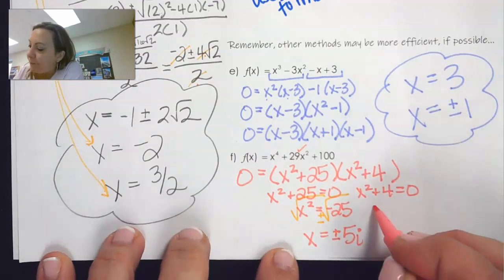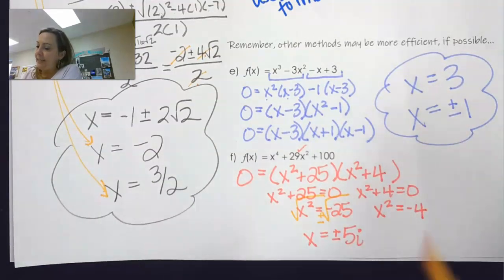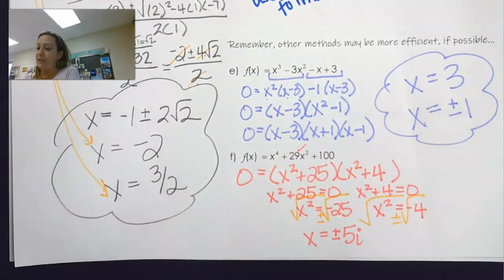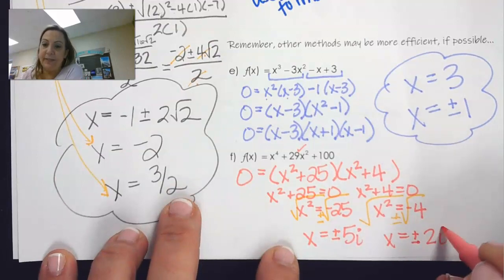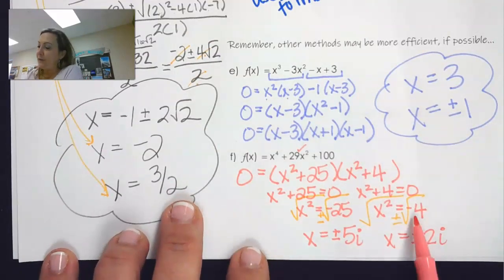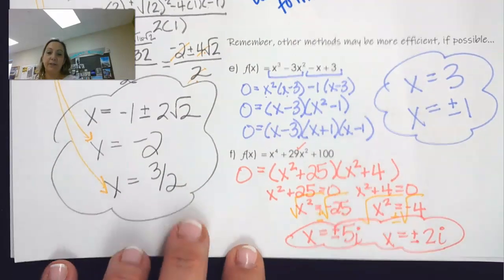Okay. So then over here, I could subtract 4. Again, take the square root, think about plus or minus. And this time I end up with plus or minus 2i, because 4 was a perfect square and the square root of -1 would give us the i. So these would be the solutions.